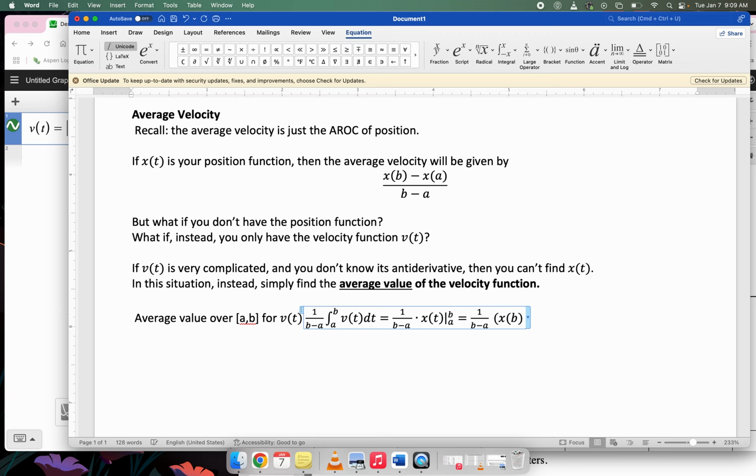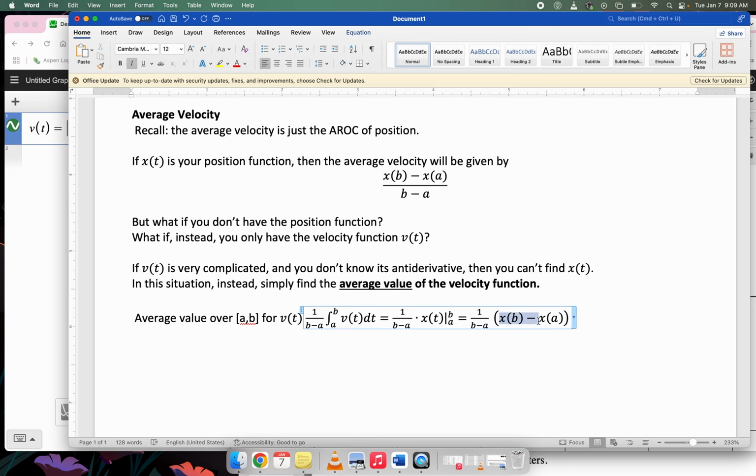x of b minus x of a, right? Just plugging in b and a into the position function and subtracting. But this thing right here, that's this. It's just a matter of putting this expression in the numerator of this fraction. You get the same thing. You get x of b minus x of a over b minus a, which is the average velocity.